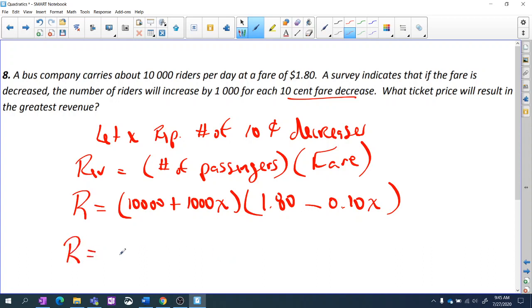Expand, turn this into a function. So 10,000 multiplied by 1.8 is going to give me 18,000 minus 1,000x plus 1,800x minus 100x squared.